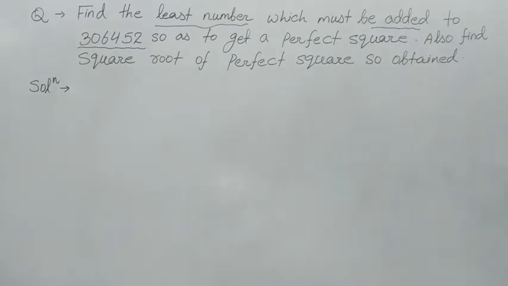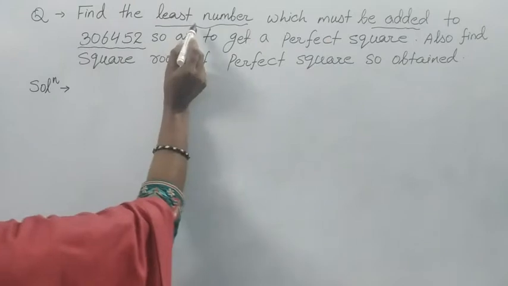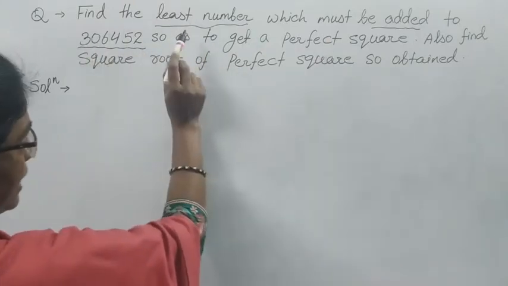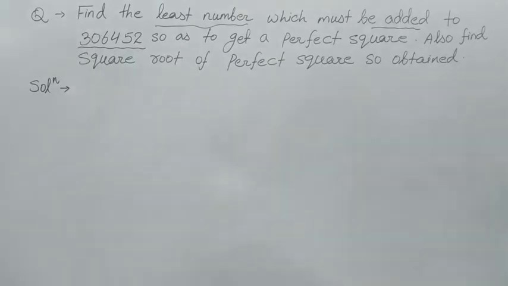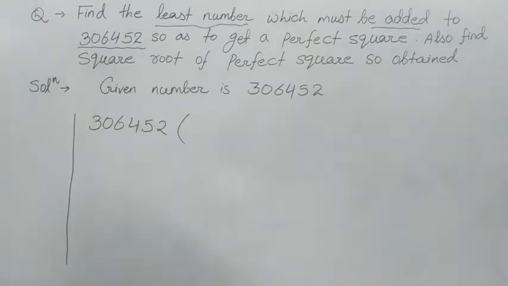When we are talking about addition or subtraction of some numbers from the given number to make the result a perfect square, that means we always use the long division method. So here we are going to use the long division method.